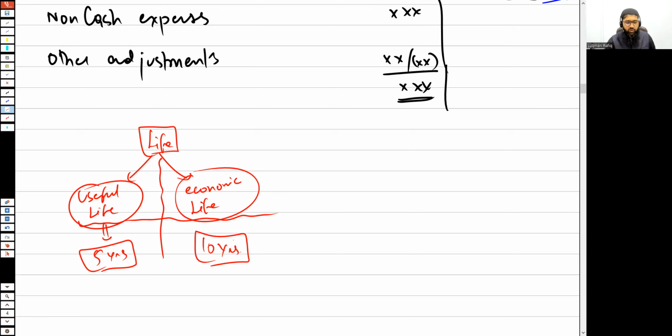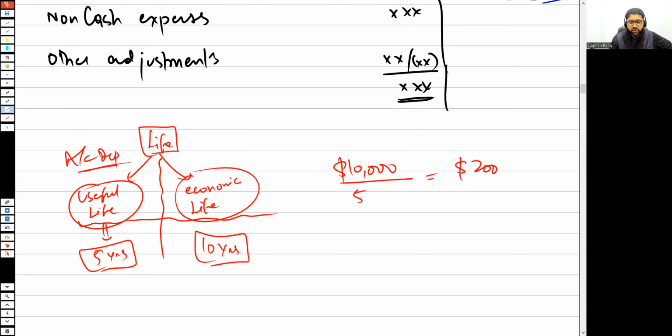Basically, there's a useful life and there's an economic life. So for the accounting depreciation, if I've got an asset of $10,000 and I say the life is 5 years, then $2,000 is going to be the depreciation.